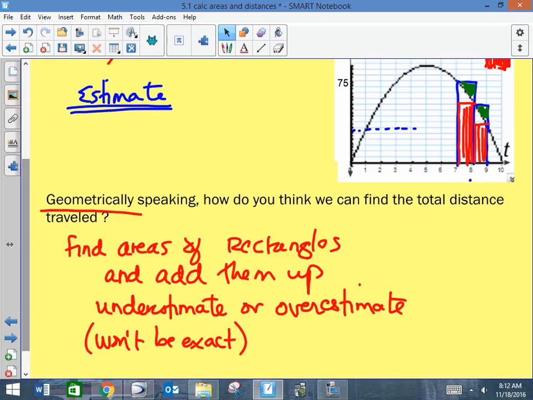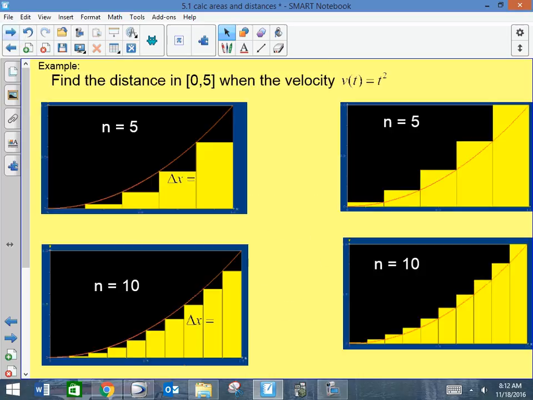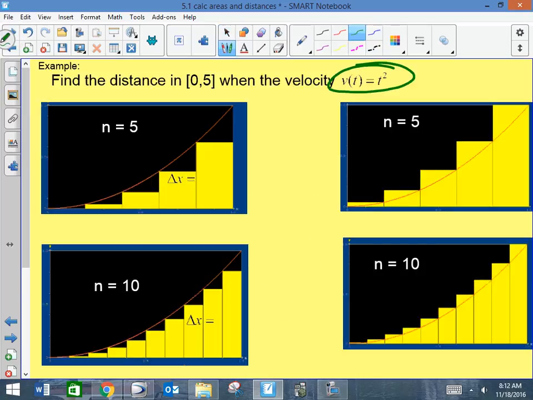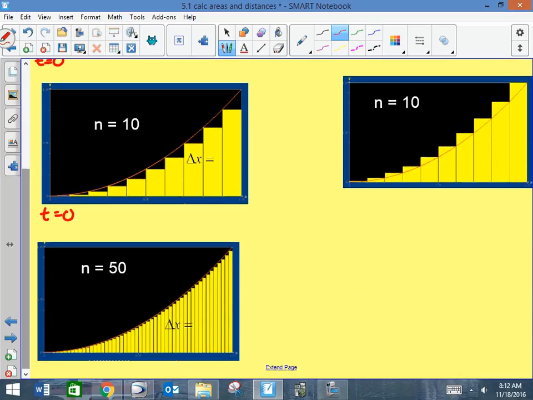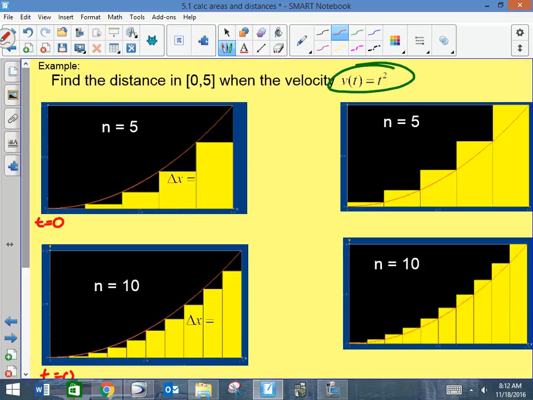Okay, so let's look at the parabola v of t equals t squared. I'm only looking at half of it because t starts at 0, because there's no such thing as negative time. All right, so that's why we're only looking at half of a parabola here.